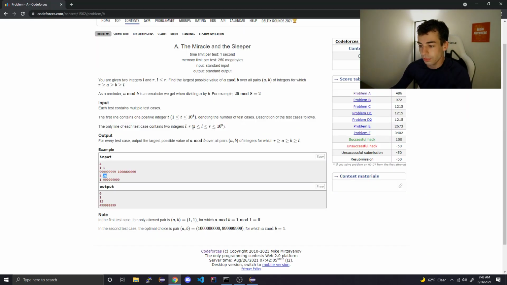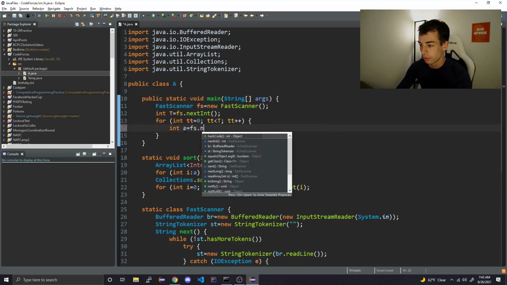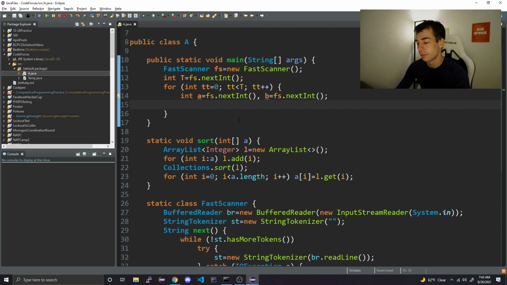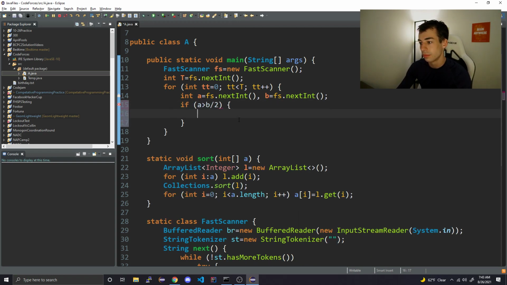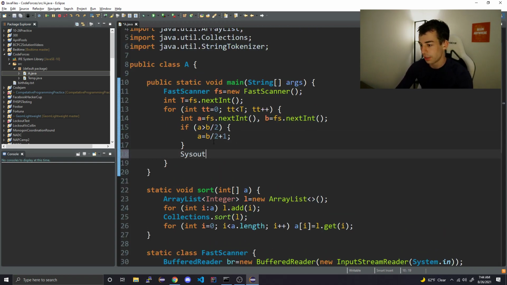So if B is odd, this works. What if B is even? Then I think we just want B over 2 plus 1 actually. And then this out B minus A.